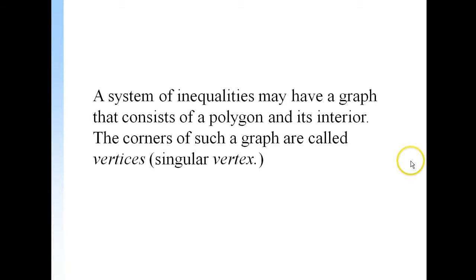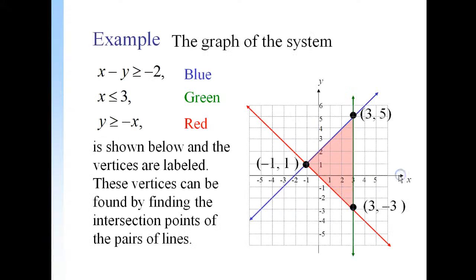Now, in some of the systems you're going to be working with, sometimes it's more than just 2 equations or inequalities. You might have 3 of them. And where they intersect, these points are called vertices. A vertex is the singular, vertices is the plural. And here are your 3 inequalities, and they shade toward the inside of them.